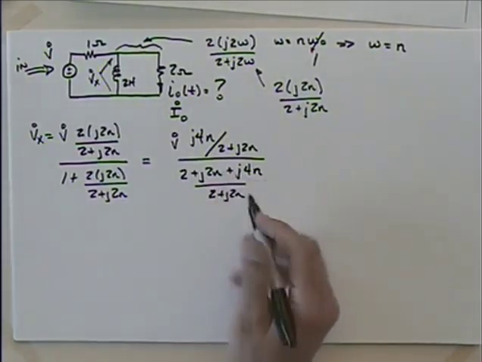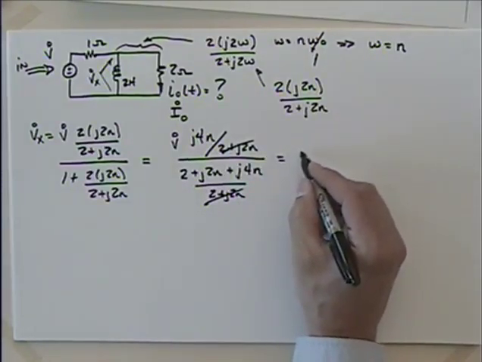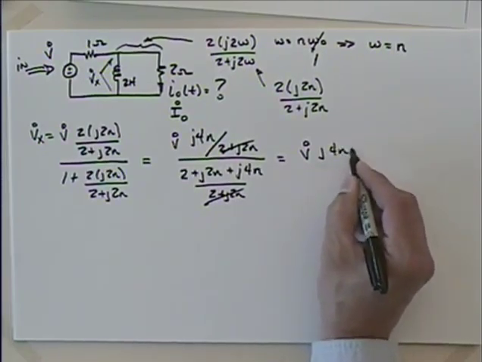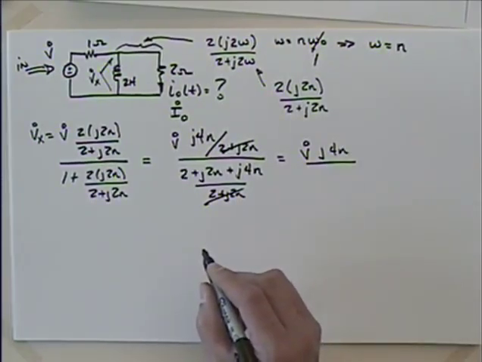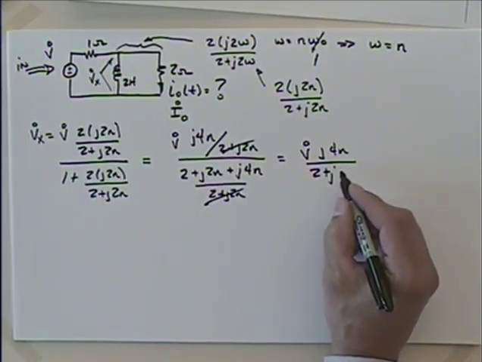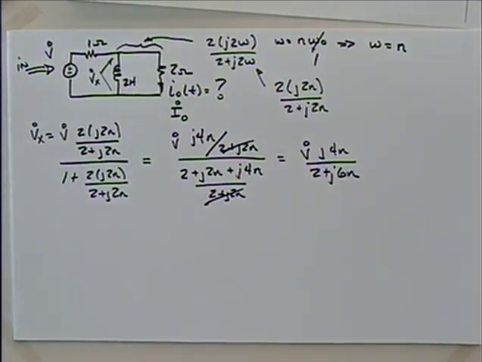Denominator of a denominator is a numerator, so I get to cancel those two, and we come up with V times j4n divided by 2 plus j6n. You done that right?